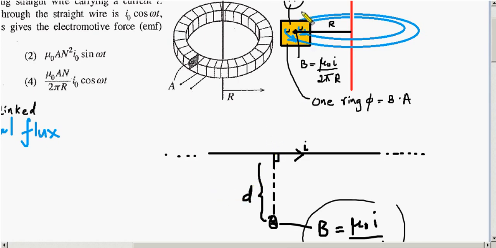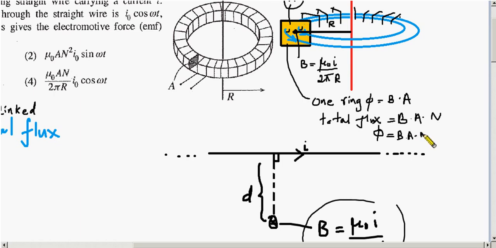There are n number of rings like this, all perpendicular to the flux. Therefore total flux, what we need, so total flux is what? n times B A. So now we know total flux, B times A times n.